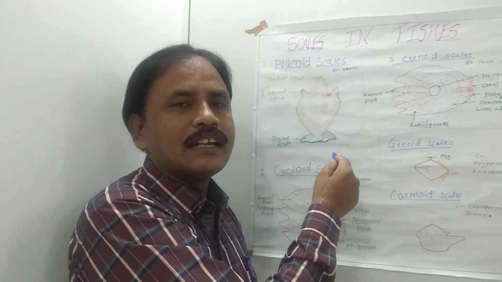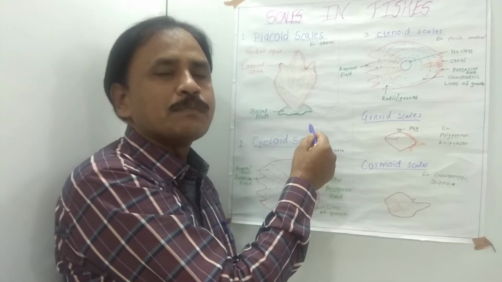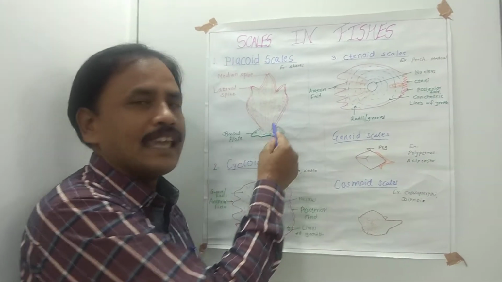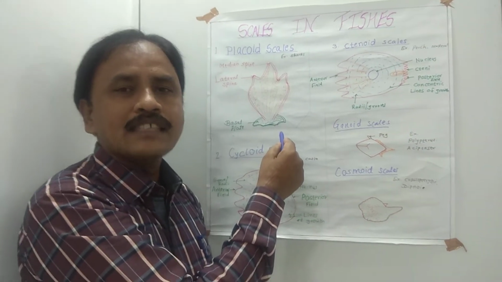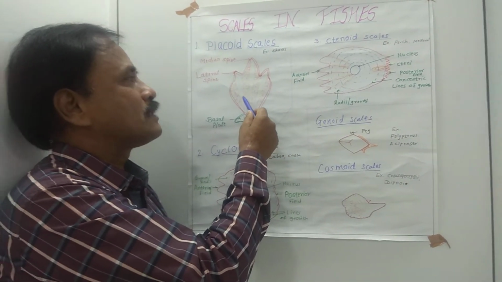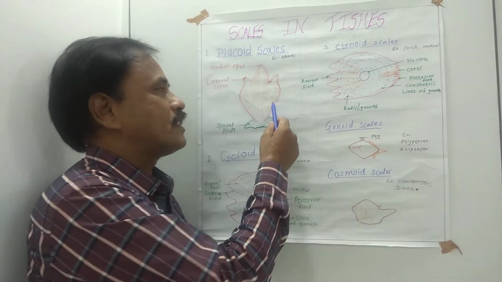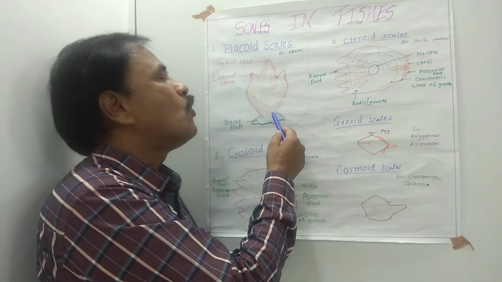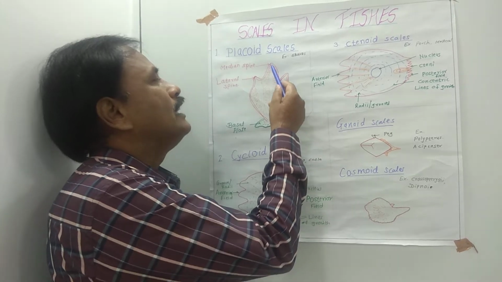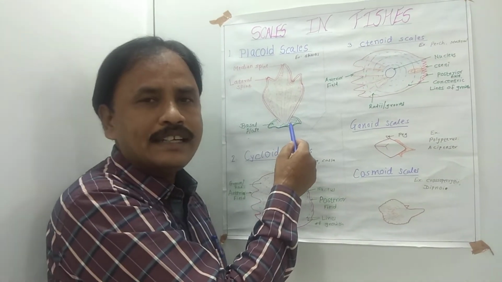The pulp cavity contains the blood vessels, the nerve fibers, lymph channels and the special cells which form the scales. These cells are called odontoblasts. The projected portion is called the spine. The spine is formed by a cement-like substance called dentine, while this is covered by an enamel-like substance and this covering is called heterodentine.